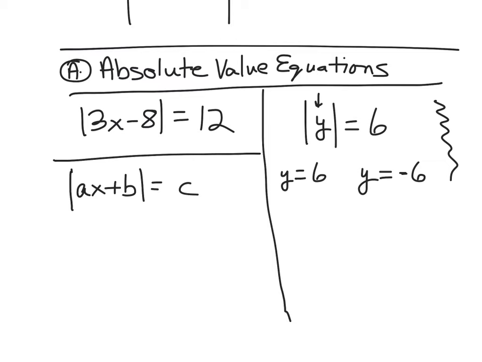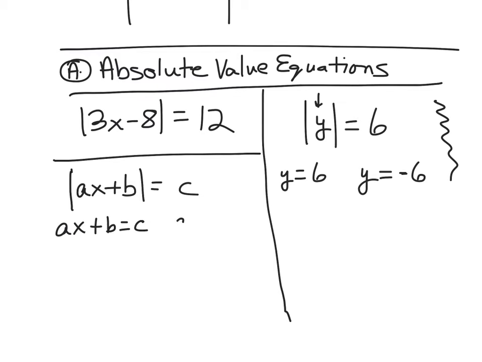If the absolute value of ax plus b is equal to c, then what does that mean for ax plus b? Well, ax plus b could be equal to c, and that would make the statement true.